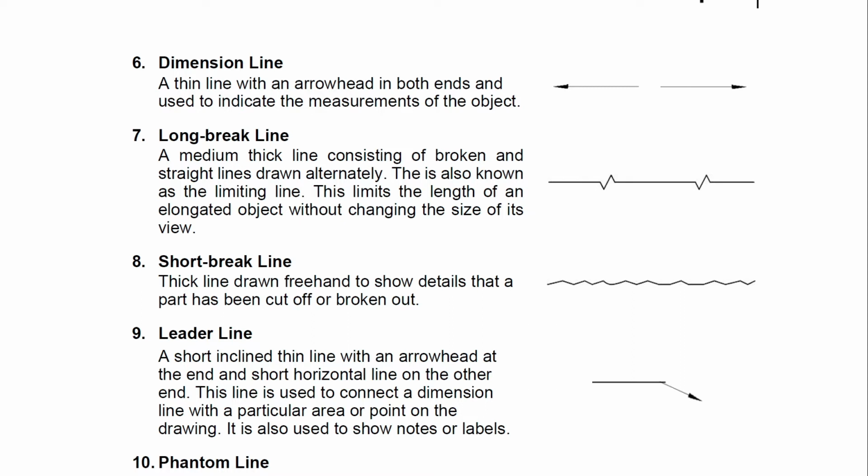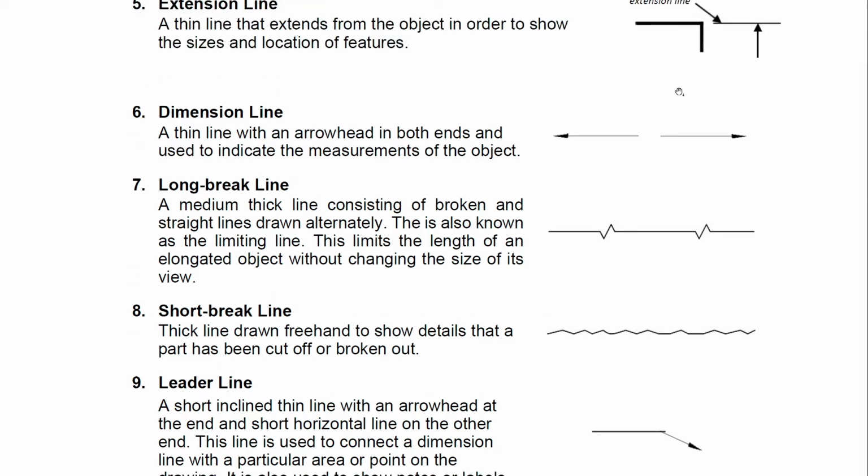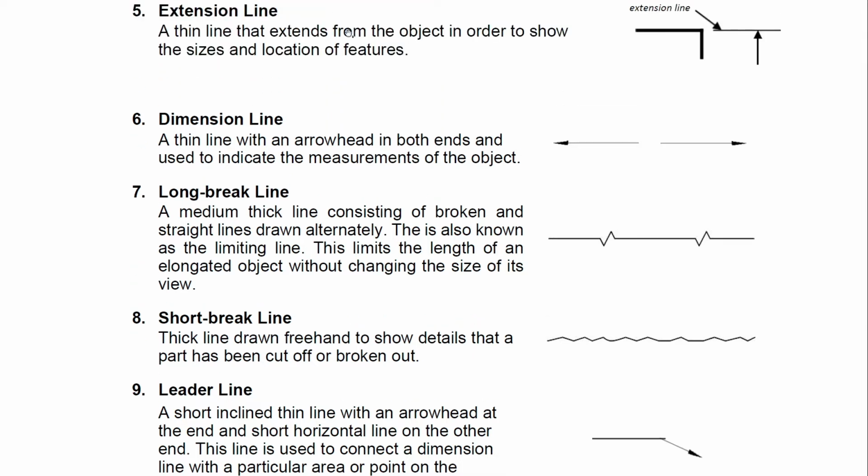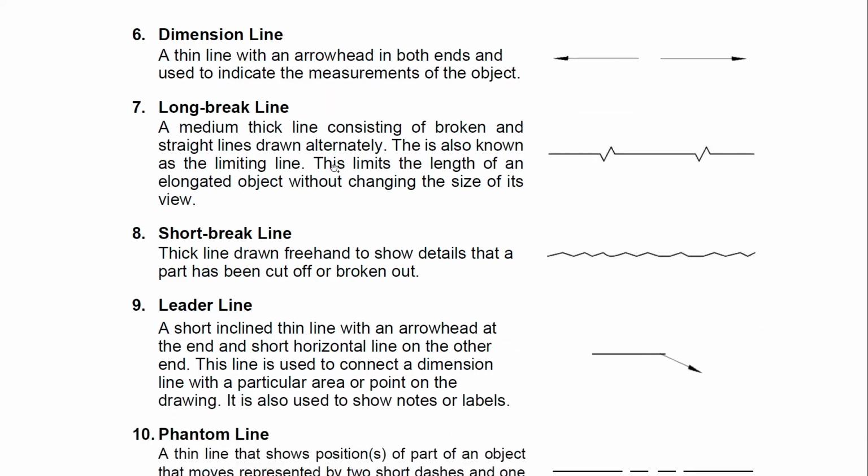Okay? So, at both ends of the arrowhead, karaniwan dito natin makikita yung ating extension line para makita natin kung hanggang saan yung limit ng size na nire-represent ng dimension line. So, mamaya makikita natin example niyan.